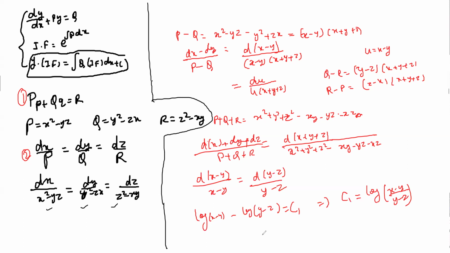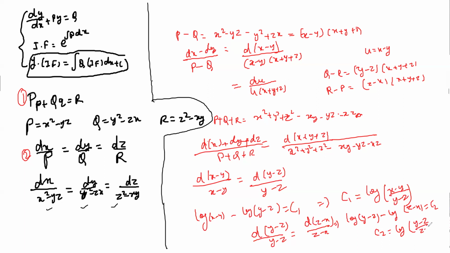Now when you find dy minus z, dz minus x, from here you will get log (y minus z) minus log (z minus x) is equal to c2, where c2 is equal to log of (y minus z) upon (z minus x).